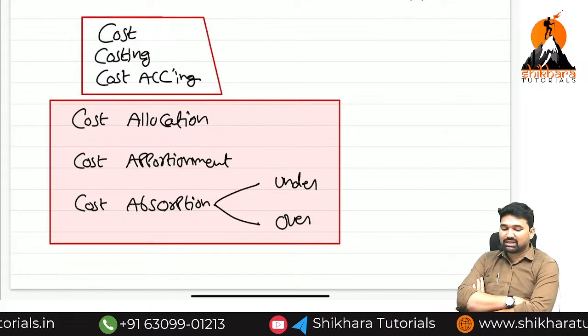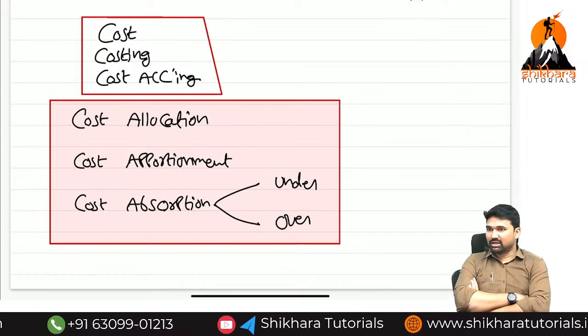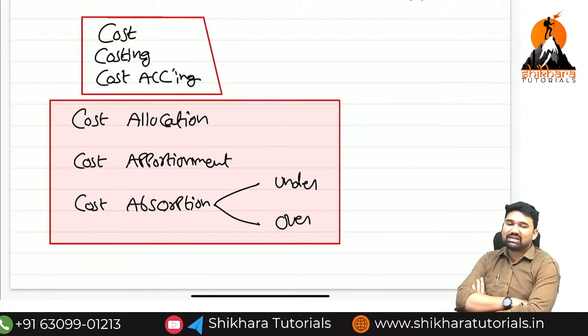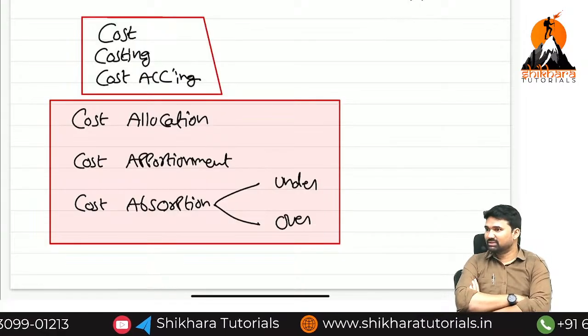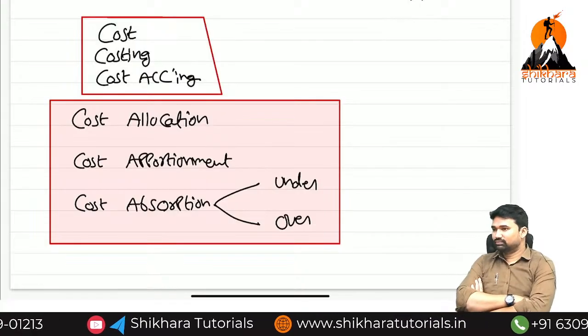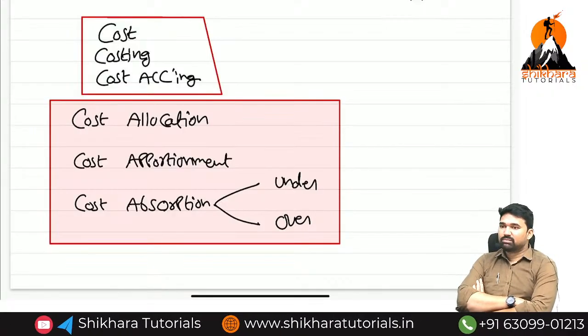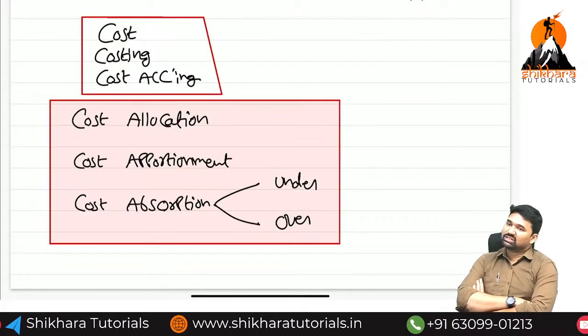Actually, these are the things you have already learnt in foundation itself. I don't know whether you have actually learned or not. That is why I'm revising the basics. You should know. That is why I'm repeating. Because I can start directly cost sheet and problems by simply saying that these are the basics you must learn in foundation.